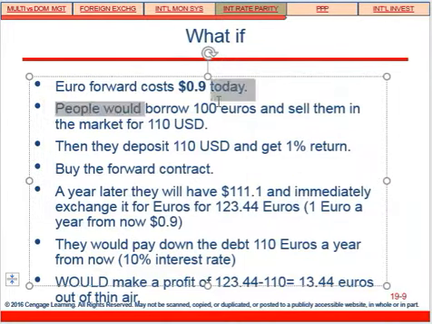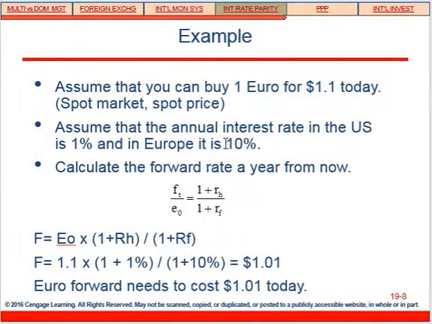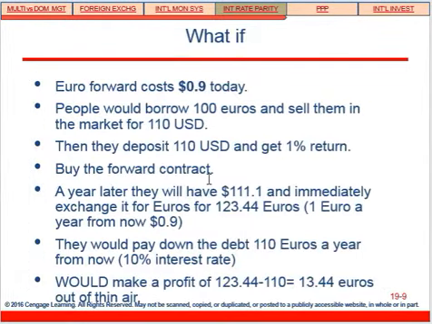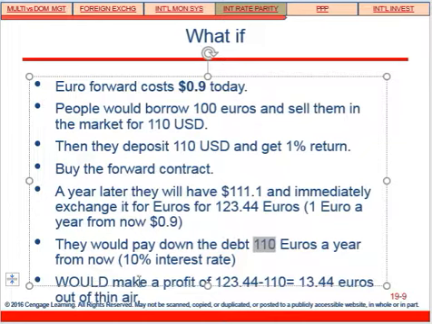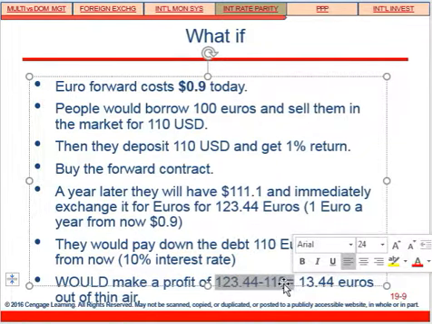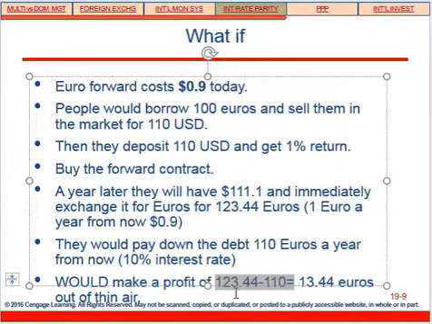Remember they borrowed 100 euros, and they will pay back 110. There's an additional 10 because there's a 10% interest rate in Europe, so you need to pay 10 in interest. In total you are going to pay 110, and you would make a profit of the difference between the two, 123.44 minus 110, so 13 euros and 44 cents out of thin air.